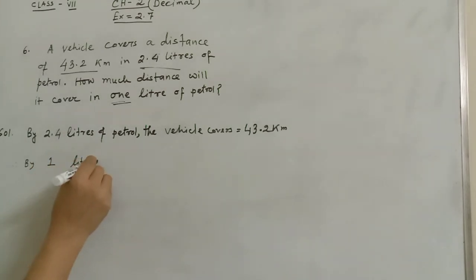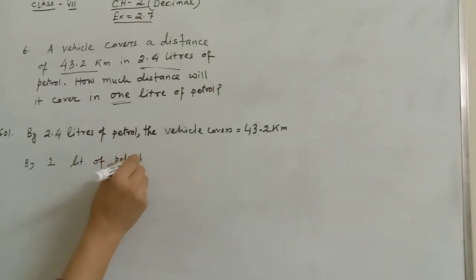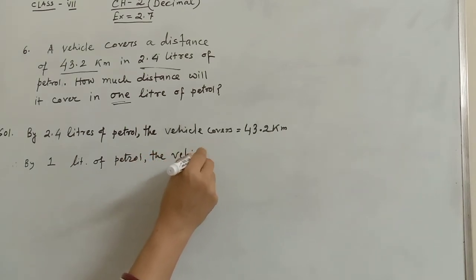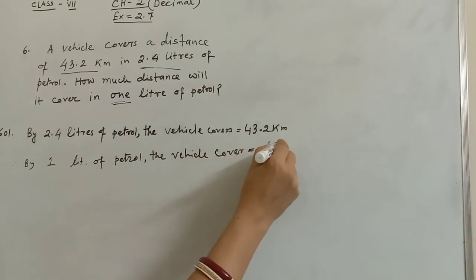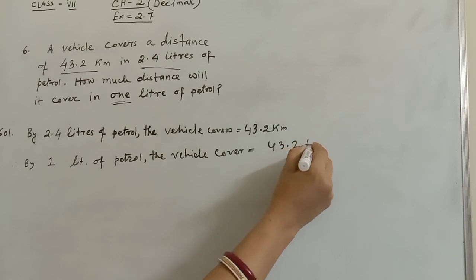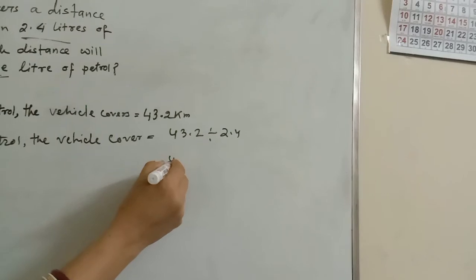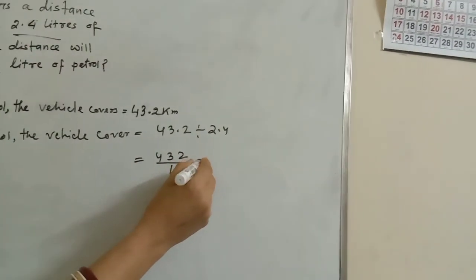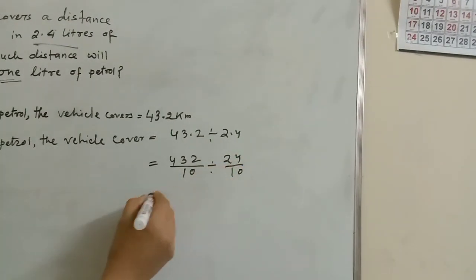So by 1 liter of petrol, the vehicle covers 43.2 divided by 2.4. 43.2 has 1 place of decimal, so divided by 10, and 2.4 again has 1 place of decimal.